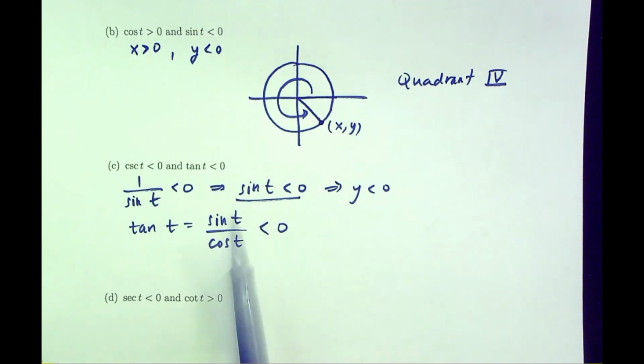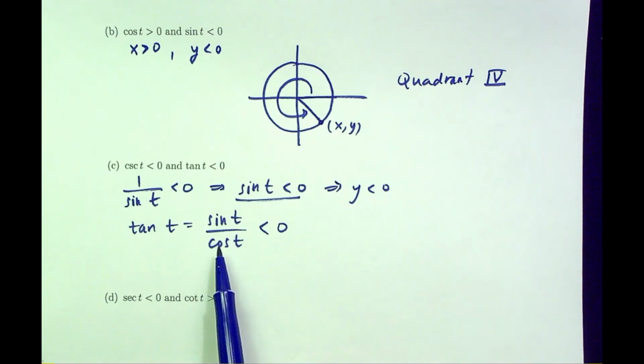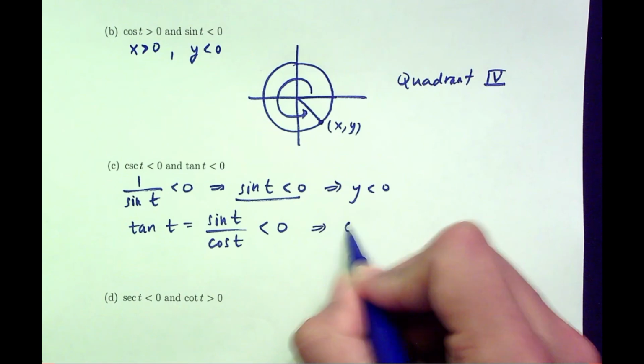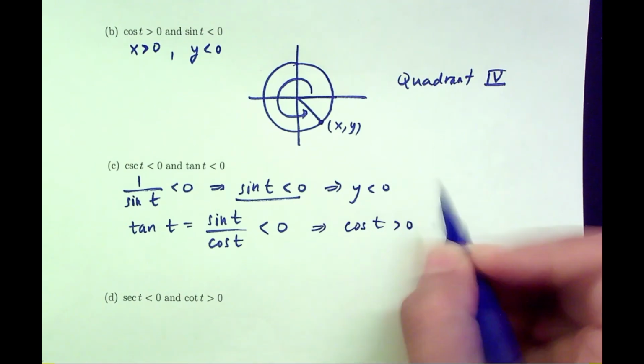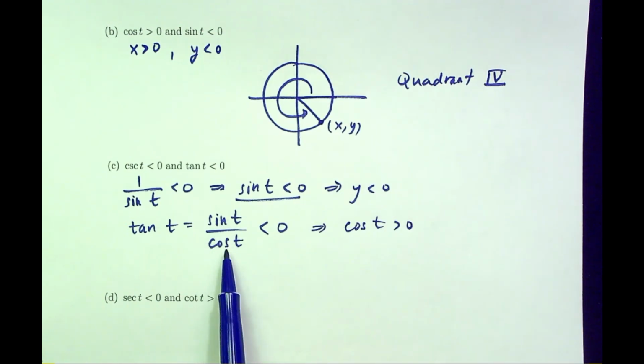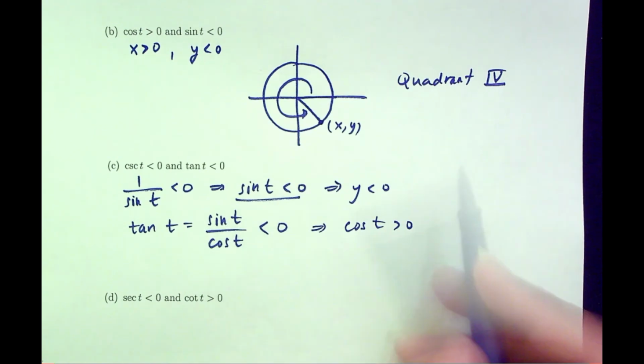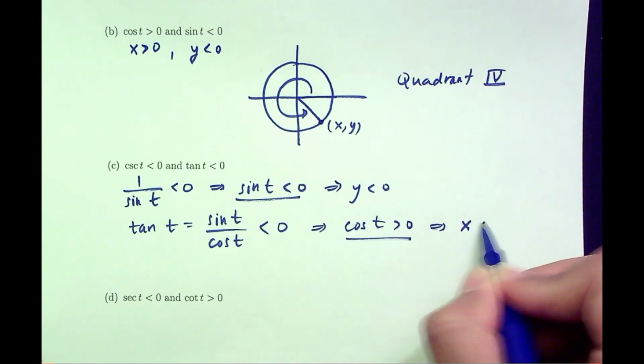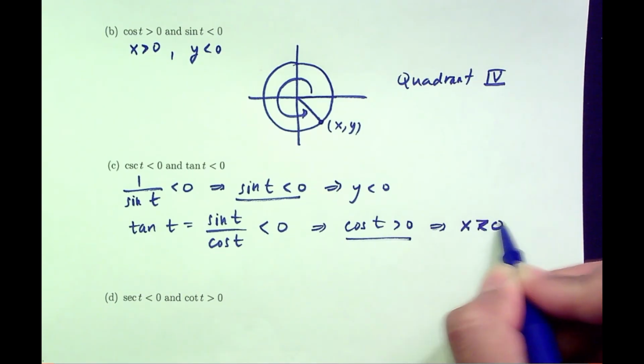That cannot be, right? Because if the top is negative and the bottom is negative, negative divided by negative would be positive, not negative. So that means the bottom cannot be negative. So actually, the bottom is positive. If the top is negative and the bottom is positive, the division is going to be negative. So that's what we have. And what does that mean? That means x is positive.